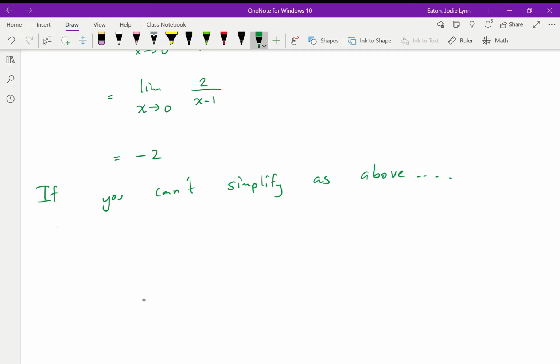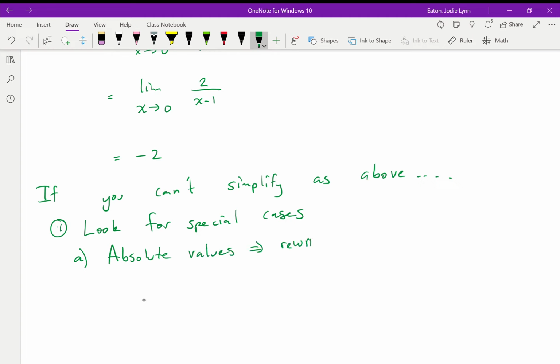What you're going to do, there are two things. So number one is look for special cases. And there's two special cases that we are going to look at. So our special case A is for absolute value. And we are going to rewrite these as piecewise functions. And we looked earlier at how we deal with piecewise functions.